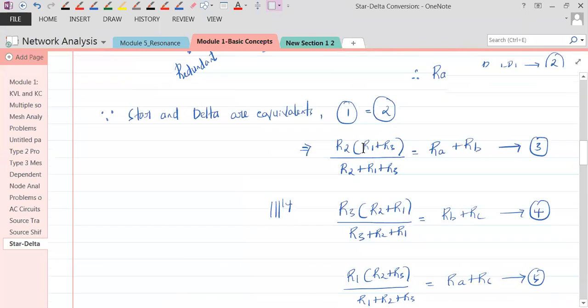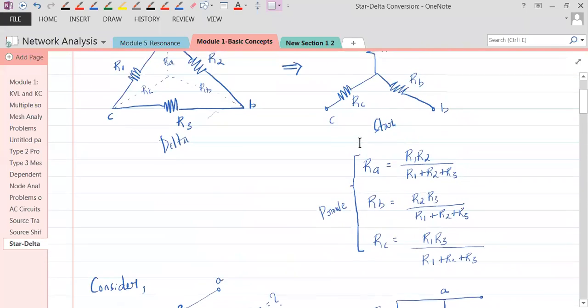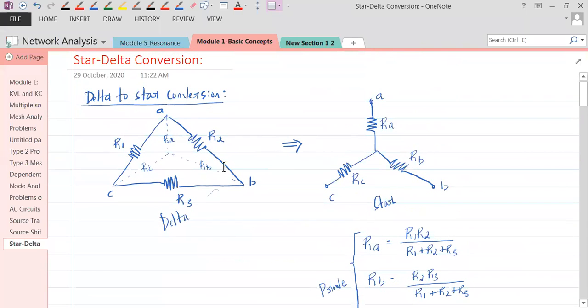I would like to mention when this would be of help. If I ask you how R1, R2, R3 are connected, you can say they're neither in series nor in parallel. Similarly, RA, RB, RC are connected in such a fashion that they are neither in series nor in parallel. So what do we have to do? Across AB, R1, R3 is in series, and R2 would come in parallel with that.